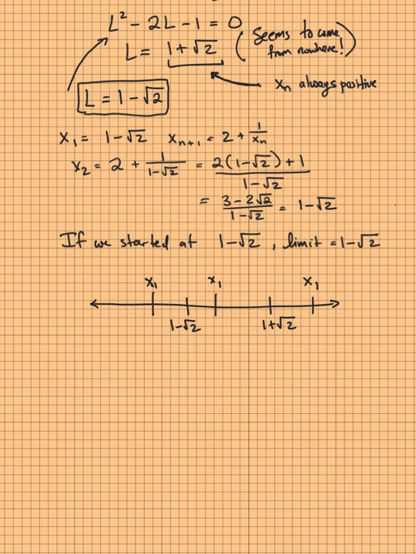You'll have some real numbers which satisfy the equations that your limits have to satisfy, and then the initial term in your sequence will determine which limit it goes to. So if you put in different sequences with different initial terms, some of them might converge to 1 plus square root of 2, some of them might converge to 1 minus square root of 2, and that's something that always requires more analysis.